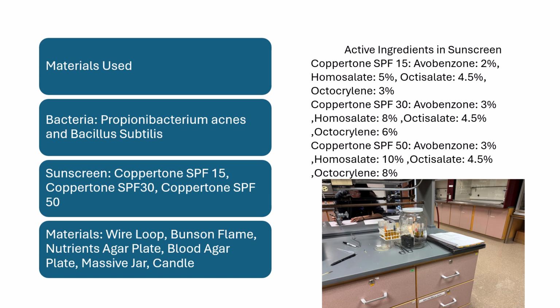Avobenzone is still at 3%, just like it was at SPF 30, but now homosalate has been increased to 10%. Octisalate is still at 4.5%, and then octocrylene was also increased at SPF 50 up to 8% from 6%, which we saw at the previous SPF 30.